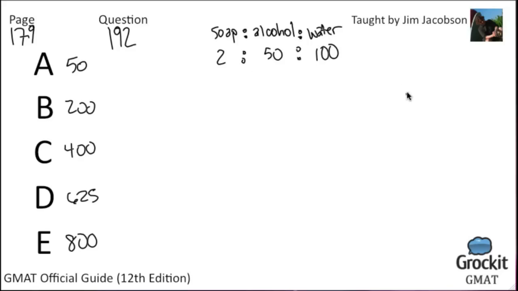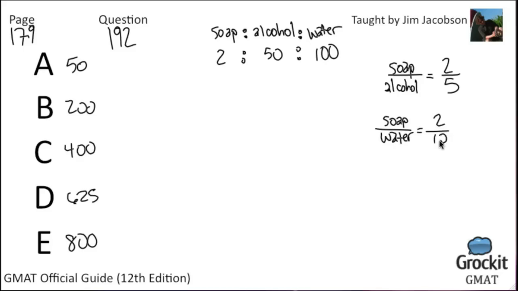So the current soap to alcohol ratio is 2 to 50. The current soap to water ratio is 2 to 100.